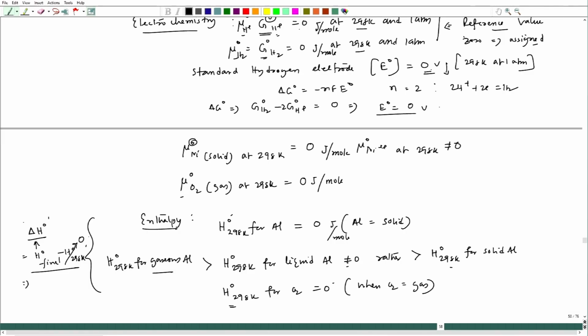Even as we increase the temperature from 298 to, let us say, 1000 degrees Celsius, I would still be able to calculate, because the calculation becomes very easy since I have considered the standard reference to be 0. That is the beauty of assigning some value to standard functions or standard variables. That way we handle the thermodynamic calculation, and we also find the final difference of those state variables.